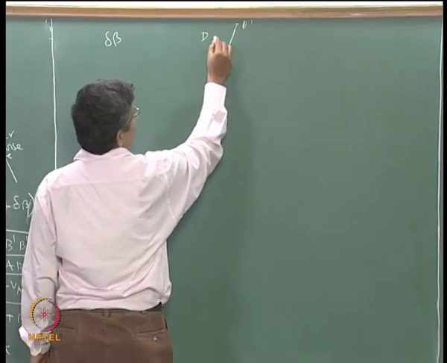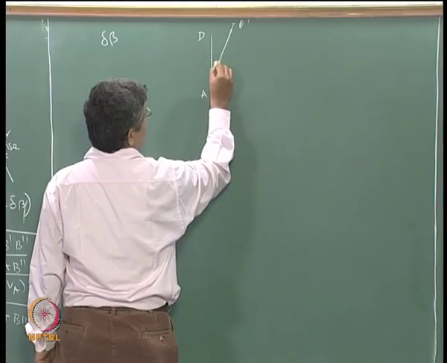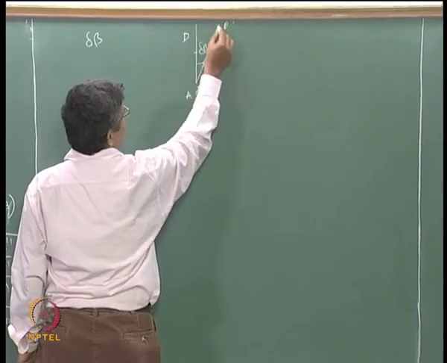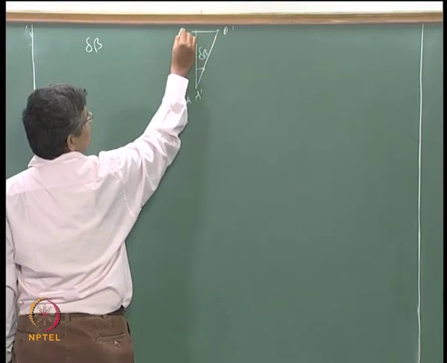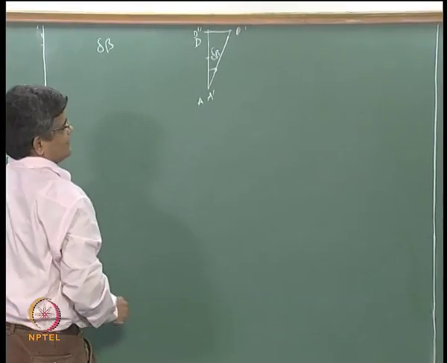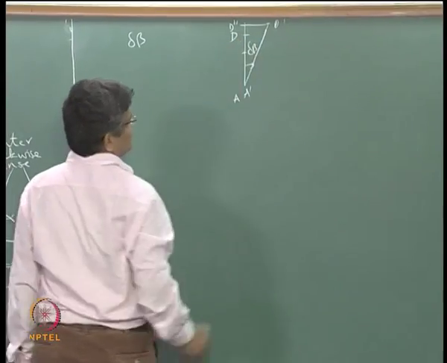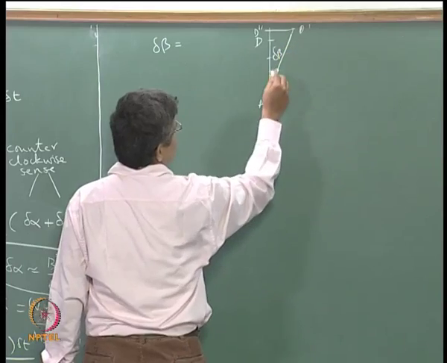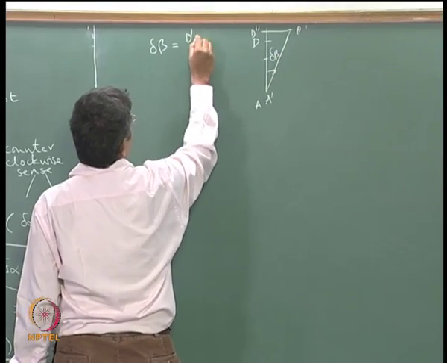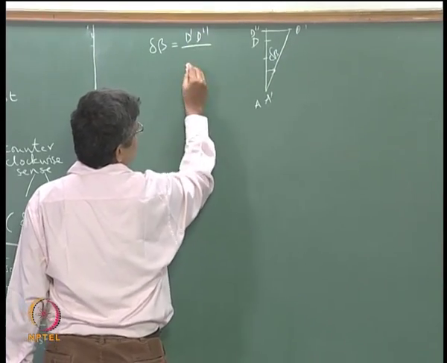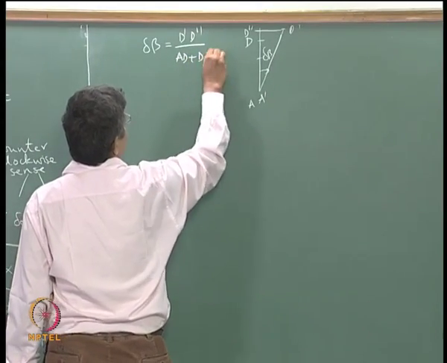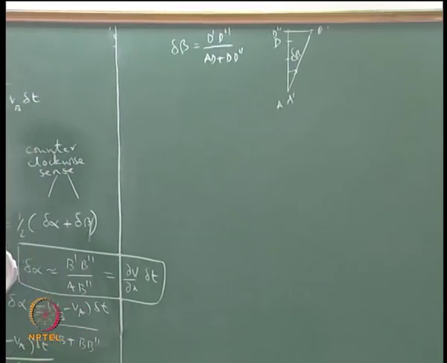So we can say that this is our delta beta, minus delta beta. We draw a perpendicular to this, which we call d double prime, and this is our d here, and we can write delta beta equal to d prime d double prime by ad plus d double prime, the same way as what we have written here.